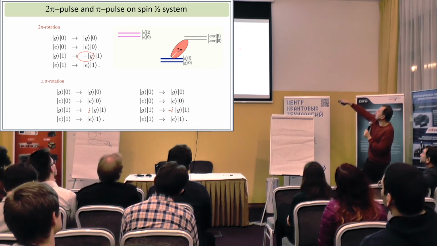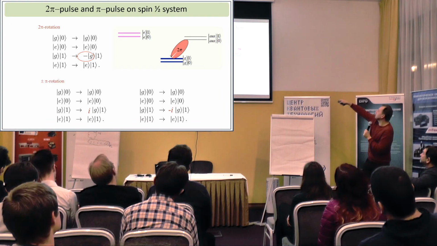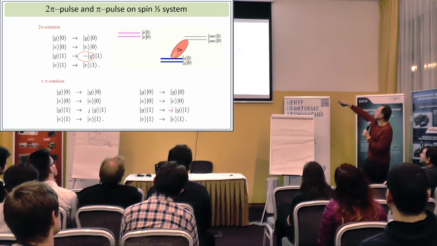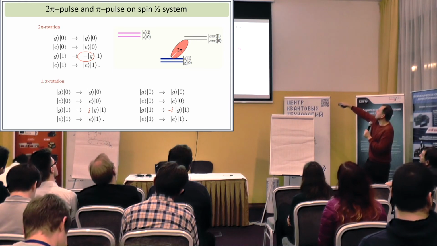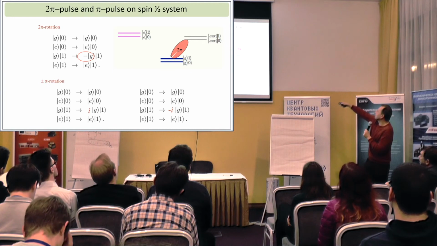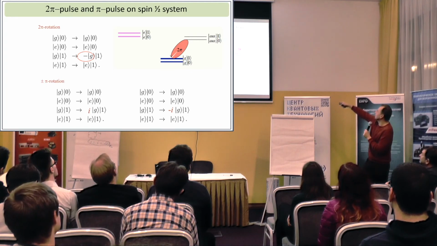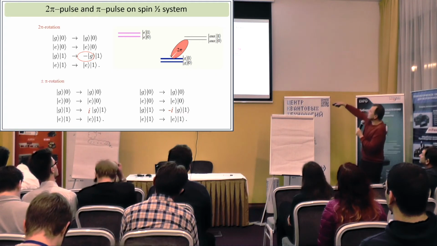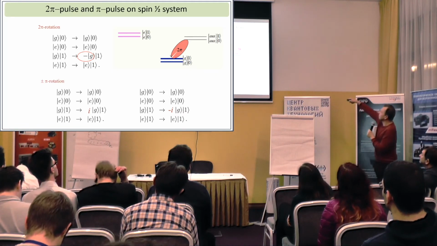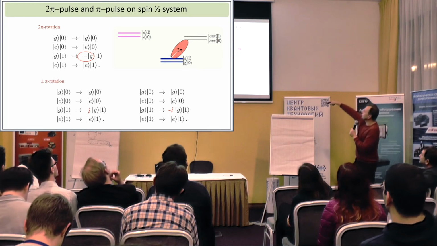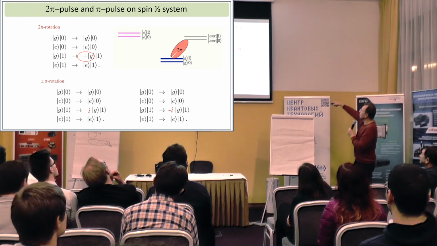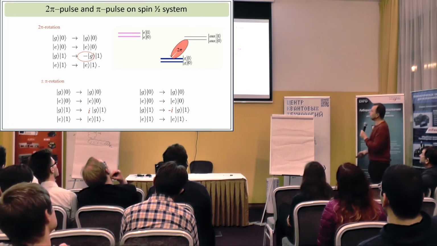All other states are untouched, because there is no coupling level to this. This state is also not perturbed because we have a red sideband, and we do not have any level here. So we just manipulate one of the states using this 2π rotation. Similarly, if we apply the same algorithm for a π rotation, we will put some i either here or here, depending on the sign of the π pulse.